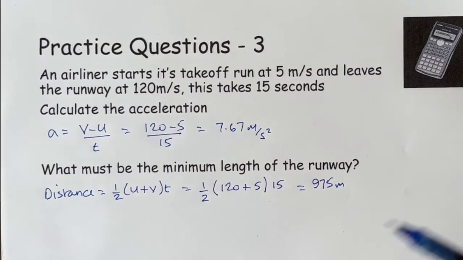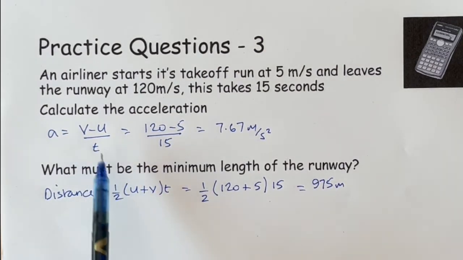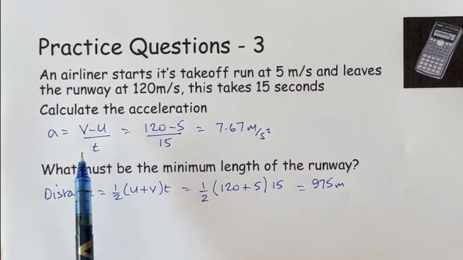Now the nice thing about these questions is both of these formulas are on the formula sheet, so you don't have to remember them. Probably you will if you do lots of practice, but that's what you need to do for those questions.